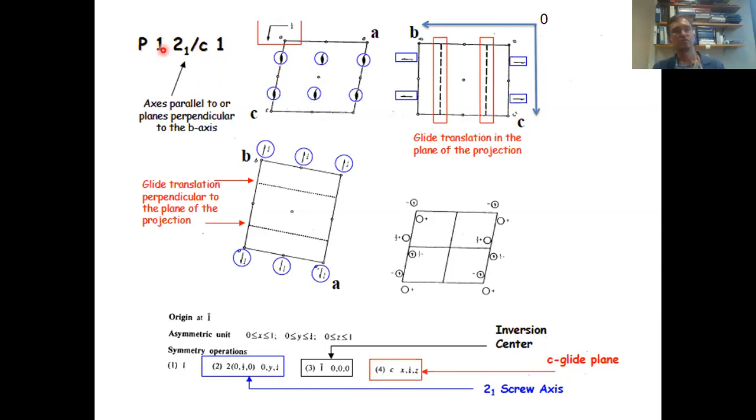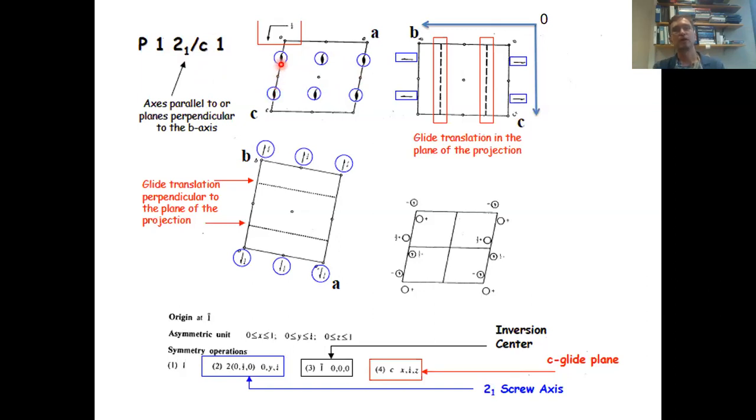So the 2-1 screw axis must run in B direction. And you see here the different positions for the overall 6 screw axes, which are part of one unit cell.